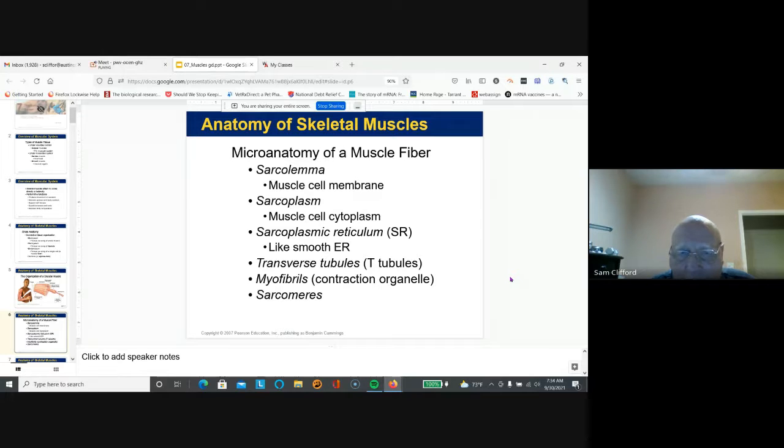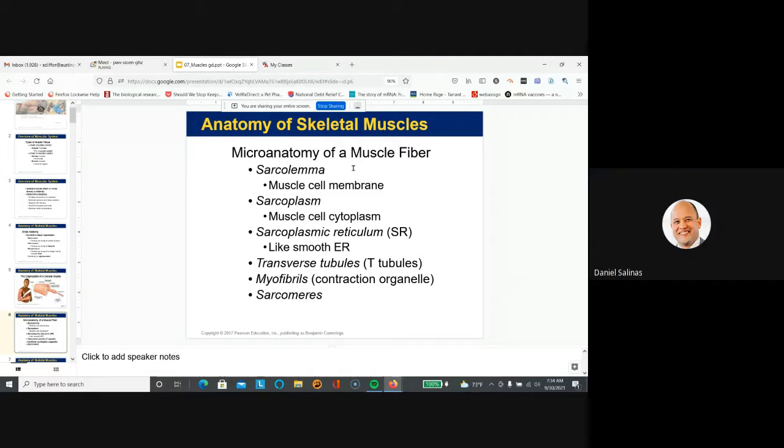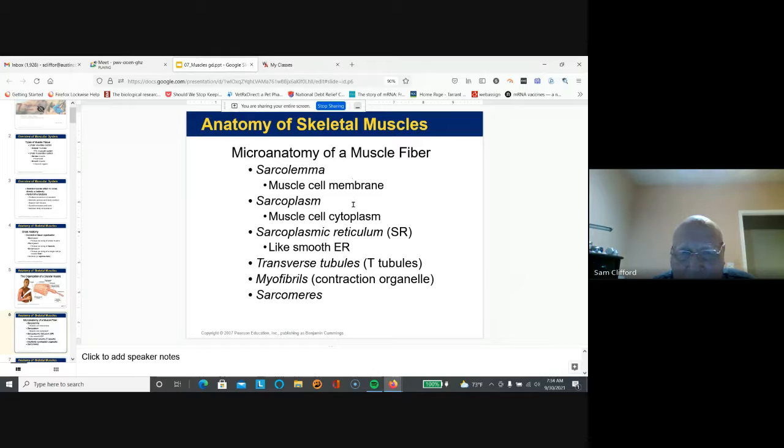So let's look at one muscle fiber, okay? The sarcolemma is the cell membrane of a muscle. Sarcoplasm is the cytoplasm. There's a whole sarcoplasmic reticulum, a network of connected tubes and sacs.